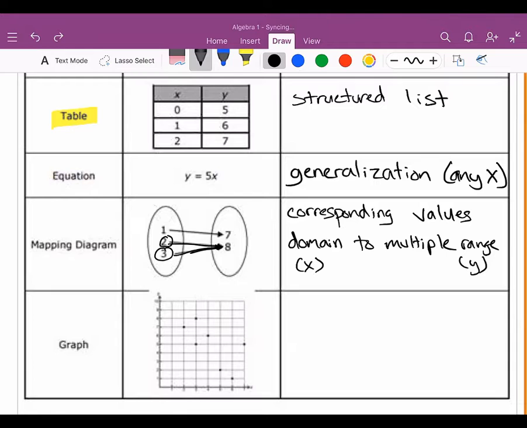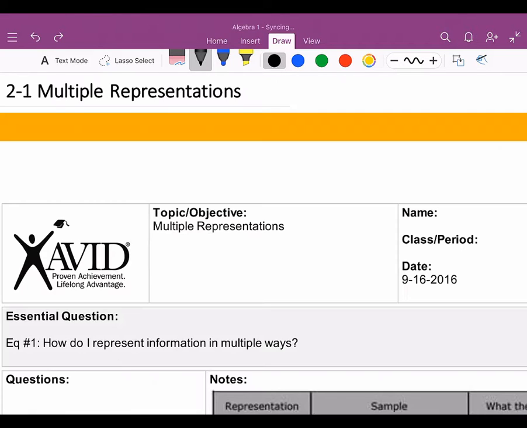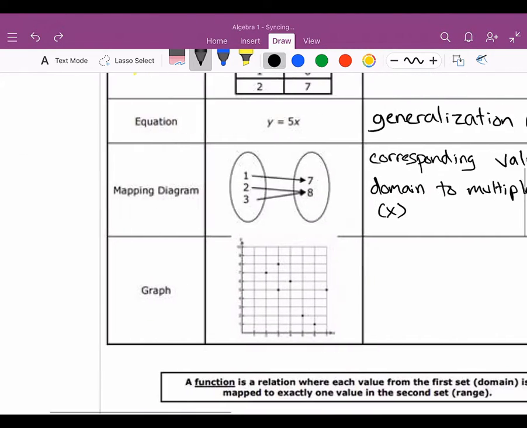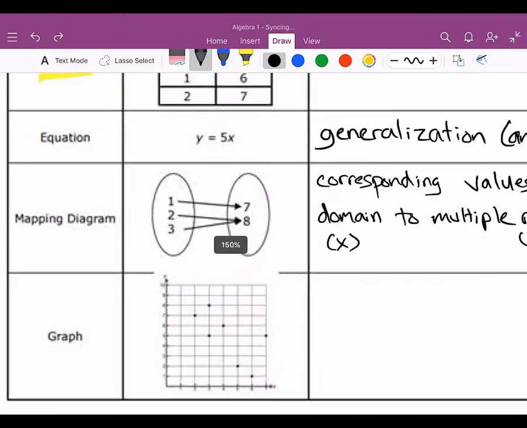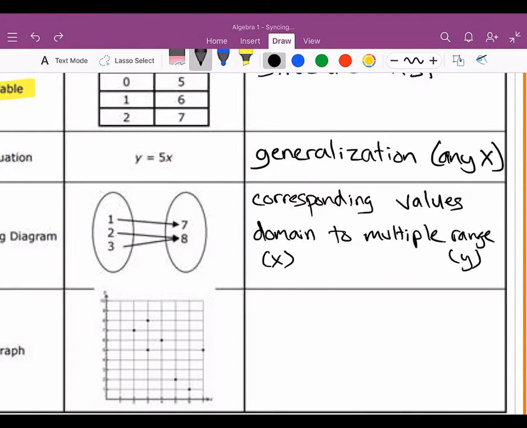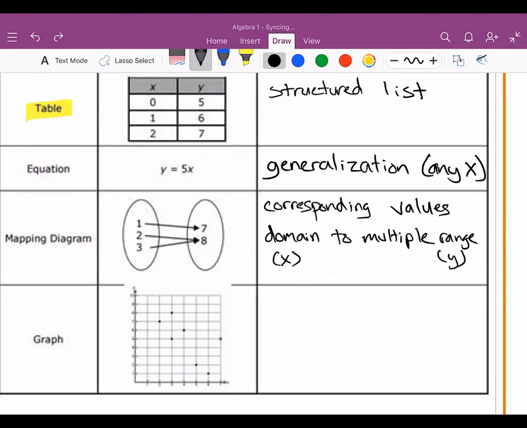But you see how there's multiple ranges? You can start somewhere and end up in the same spot. So it just shows a map, it shows direction, and it tells you that you can go to multiple y's, so multiple ranges. It's just showing corresponding values, but it shows from what to the next.